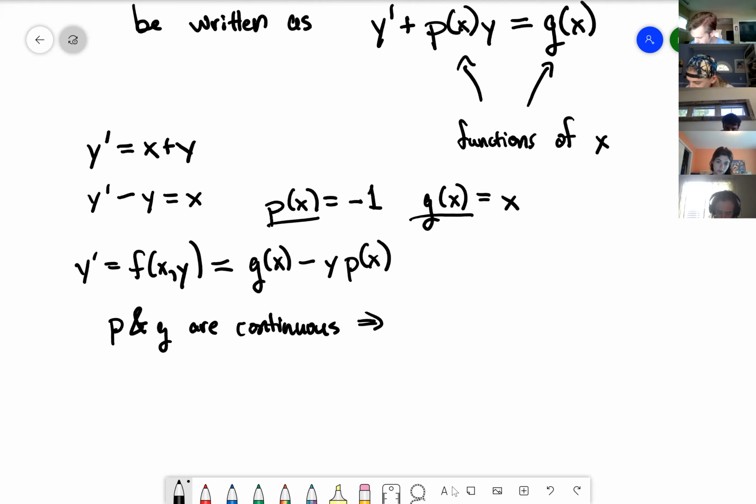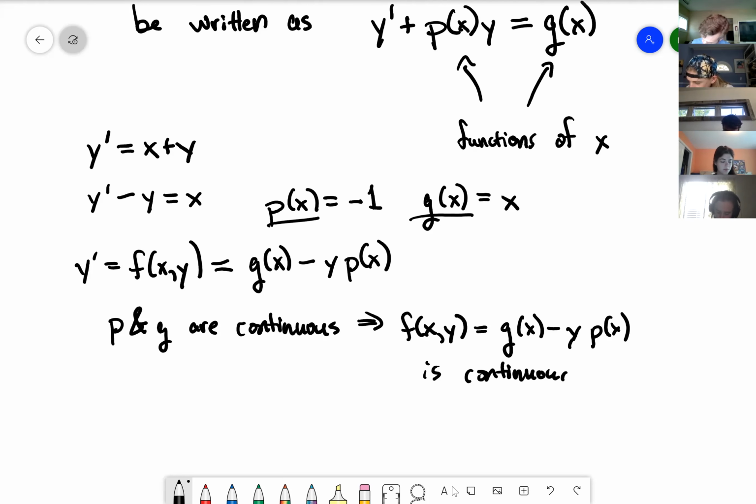Automatically gives us that f of x, y equals Q of x minus y P of x is continuous. Right, this was our first condition of the existence and uniqueness theorem. So if you take continuous functions and you multiply them together, or you add or subtract them from each other, you again get a continuous function. So the first condition is satisfied.